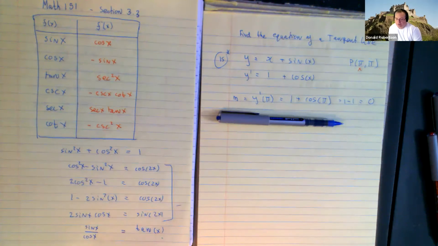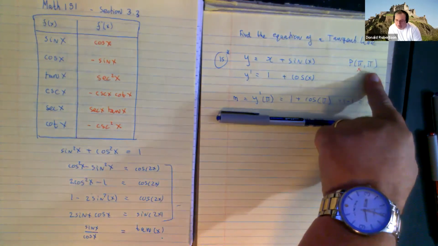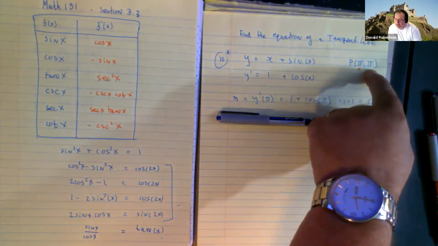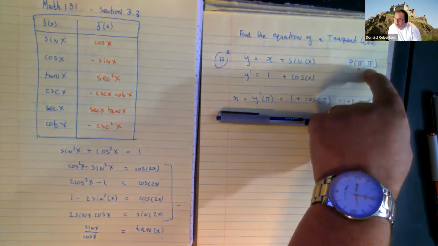Now, you could still use the point slope equation to do that, and I'm going to use it to prove to you that it's possible, and it will tell you the answer. But you know that if it's a horizontal line, isn't it going to be y equals a number? And wouldn't you agree the number has to be the number that passes through this point? So it's going to be y equals pi.